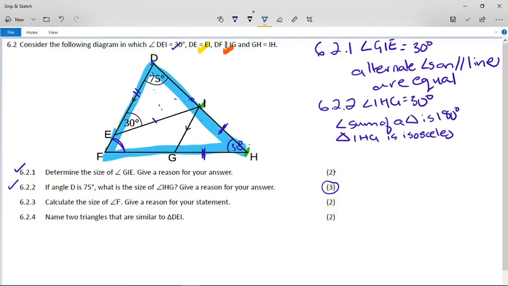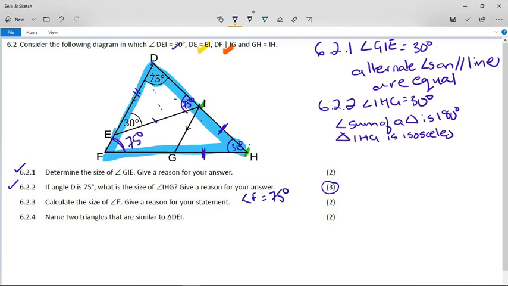If we look at this whole triangle, here I've got a 75-degree angle, here I've got a 30-degree angle. So what do you think this angle is going to be? Do you remember we had a 75 over here? 75, 75, 30. 75, 30, this has to be 75 degrees. So angle F equals 75 degrees.